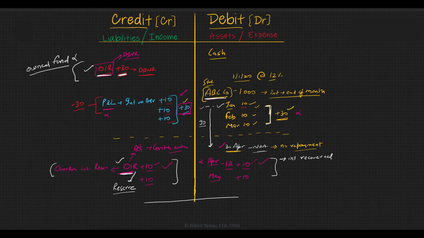One thing that you'll notice here is that when you look at the trial balance of this bank, you'll see on the debit side the OIR balance is 20, whereas on the credit side the OIR balance would be 50, which is 30 plus 20. 30 being the part which was debited but never received and 20 being the contra part.